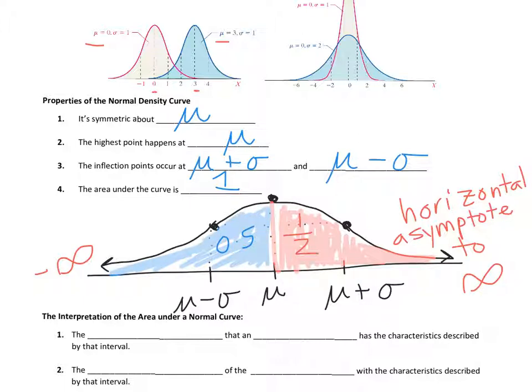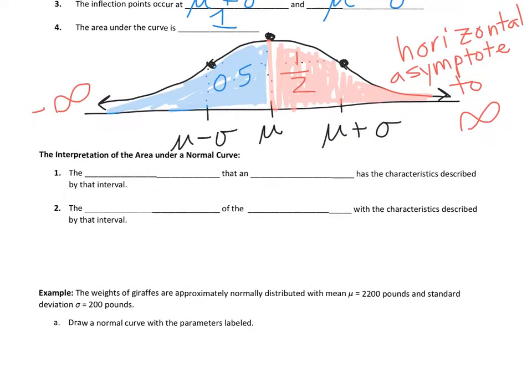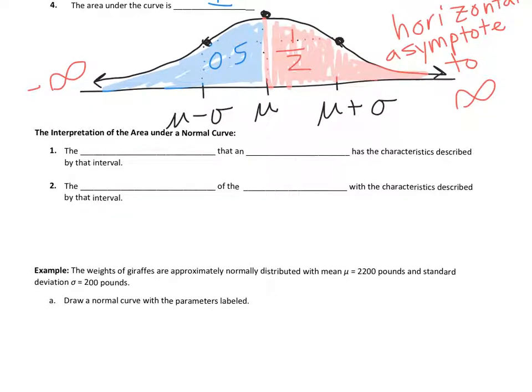Okay, so we already talked about one interpretation of area. Let's scroll down to look at the other interpretations. So the interpretation of the area under a normal curve, we have two. One has to do with the population and one has to do with an individual.